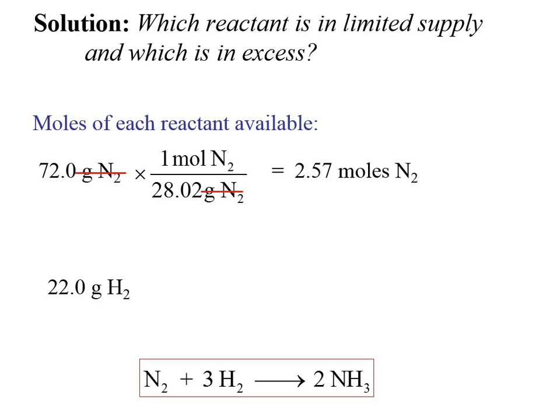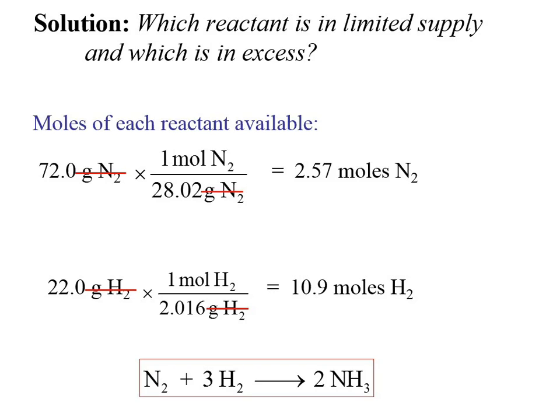I do a similar thing for H2. I had 22.0 grams of H2 over 1, and use the molar mass of H2, 1 mole of H2 over 2.016 grams of H2. Grams of H2 cancel, we're left with moles of H2. Rounded to 3 significant figures, I have 10.9 moles of H2. So these are what I have.